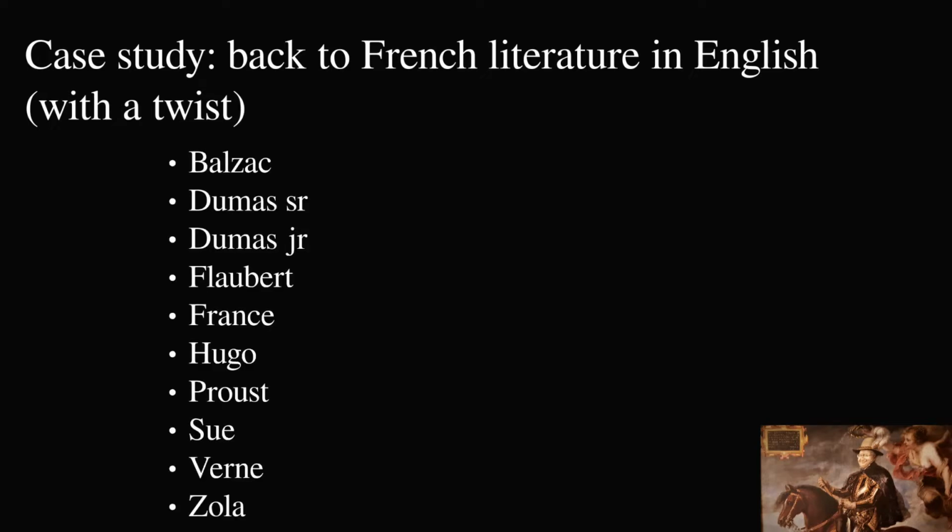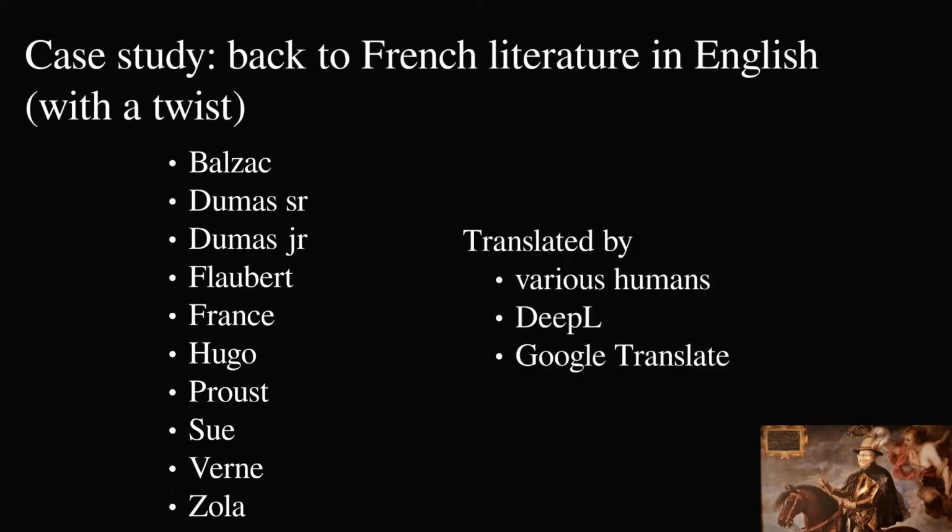Just to show you what we have here, we have a fairly large collection of texts by some of the most classical French writers, but obviously we're dealing with them in English, and they have been translated by a big number of different human translators, but also by DeepL and Google Translate, and that is the twist.